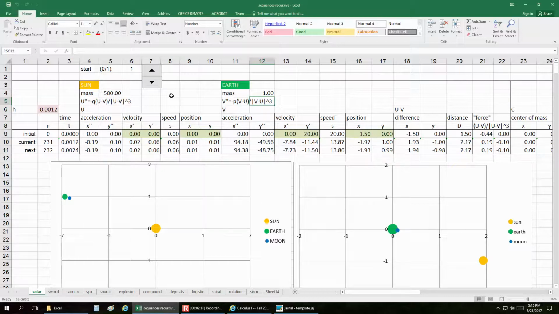Well, say what should I pick? How about this one? I pick this column and that column. Okay, so the time column and the position of the Earth, the F column. Okay, these are numbers.